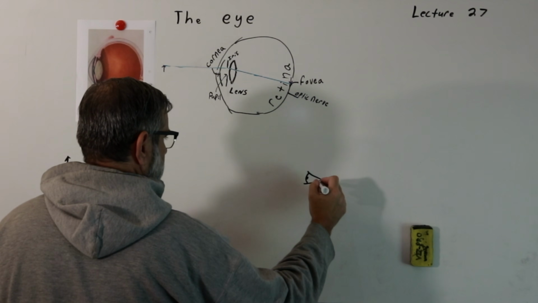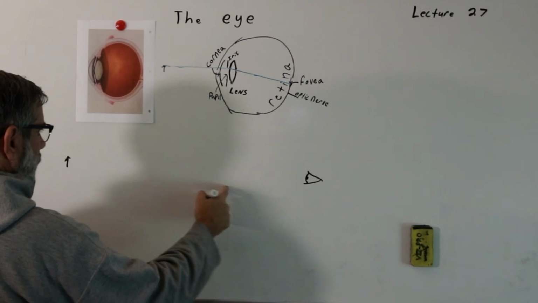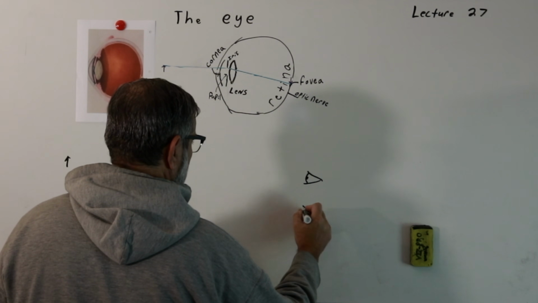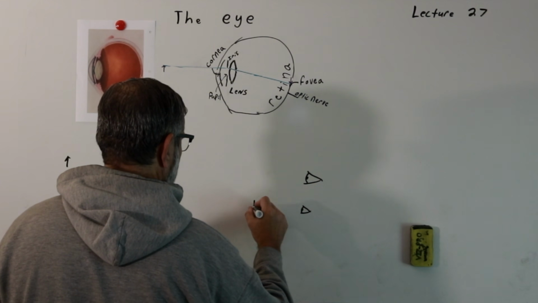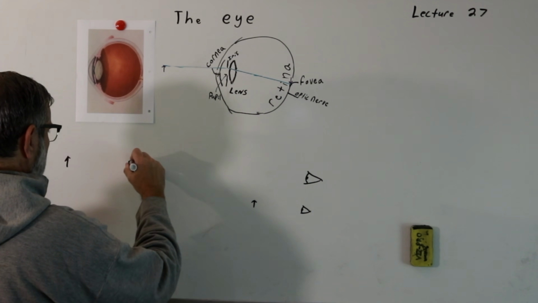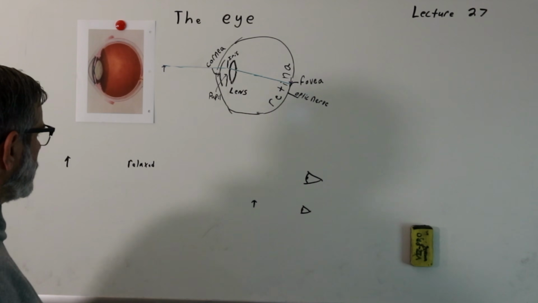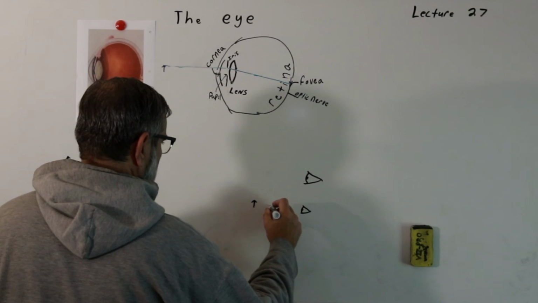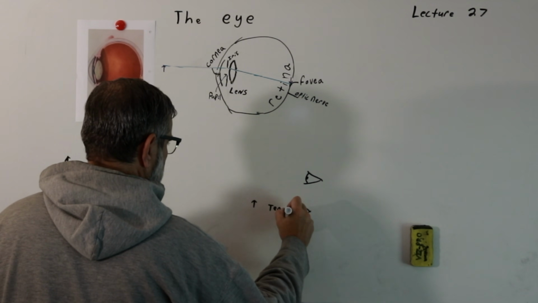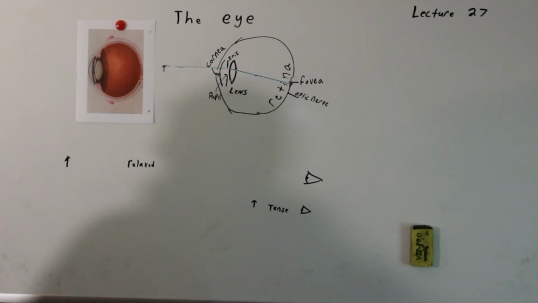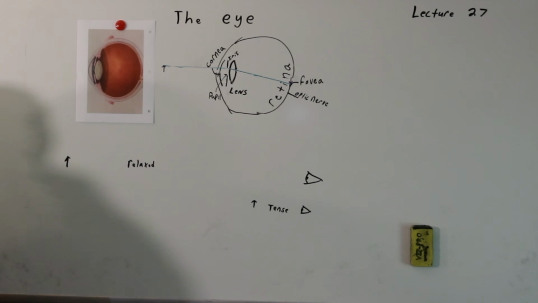Actually, I think it's exactly the opposite of what I just said. This is far away versus, say, close up. So this is relaxed, no need to engage any muscles. This is tense. So when objects are closer, the eye is in a tense state.